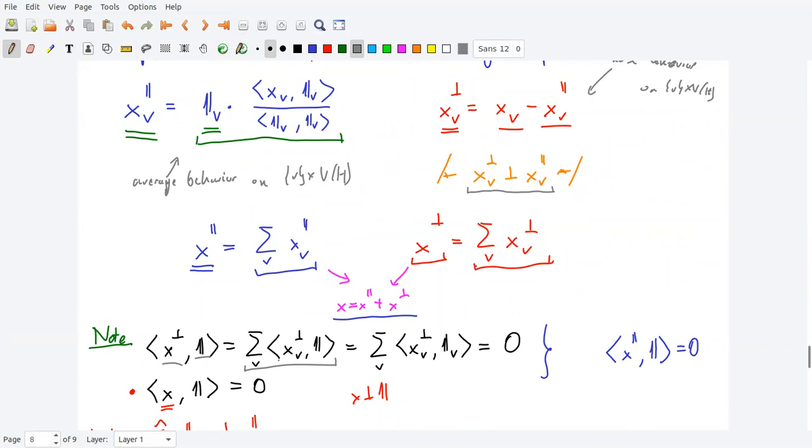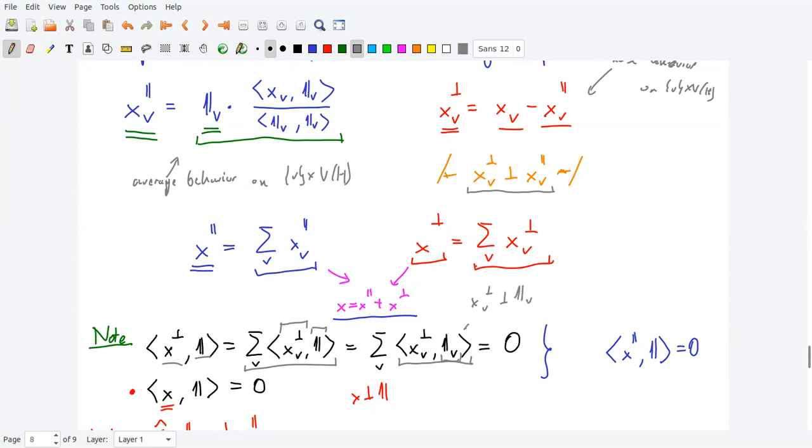If I take XV orthogonal and take a cross product with all ones, on the coordinates that are not in the cloud of V I multiply with zeros anyway, so this is the same as taking the cross product with 1 on V. But recall that this XV orthogonal was chosen to be orthogonal to 1 on V, because this was the orthogonal part.